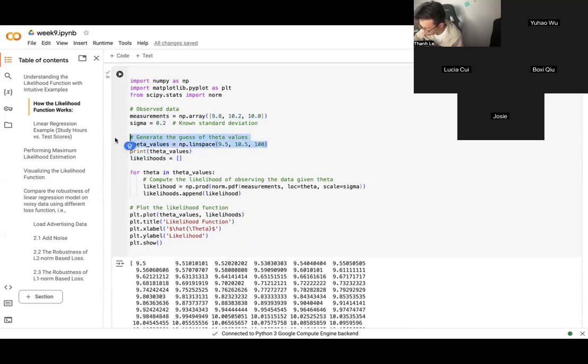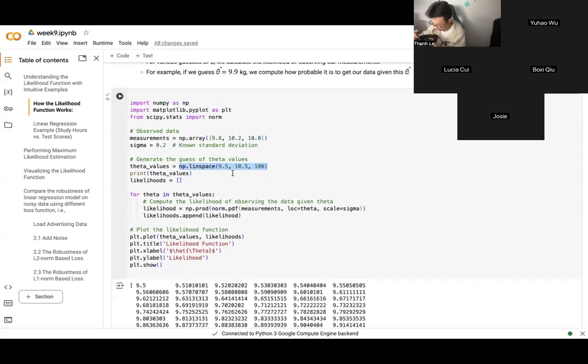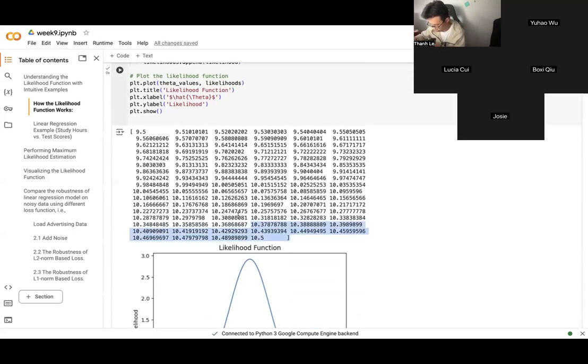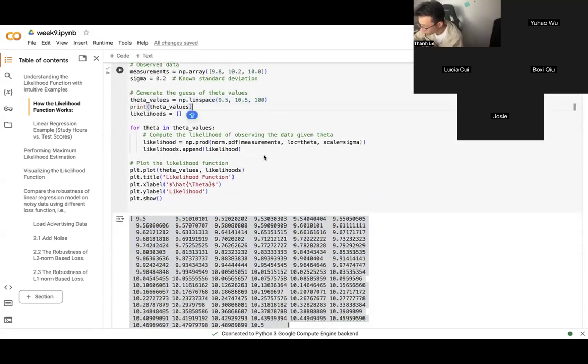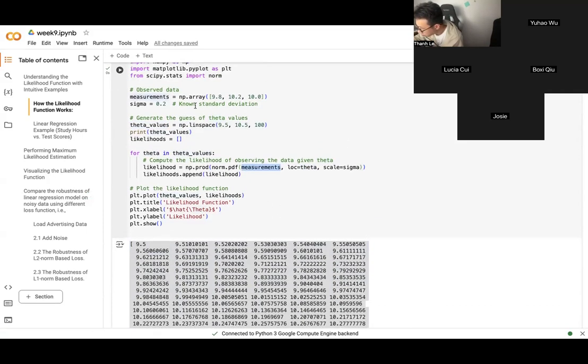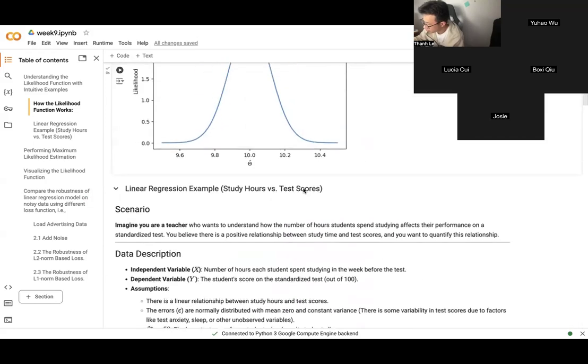We want to have different guesses about the true weight, so we use numpy to generate different guesses from 99.5 to 100. We use these different guessed theta values, and for each theta value we use our measurements, this is our training data, with sigma to calculate the likelihood. Then we combine all the likelihoods and make a plot like here.